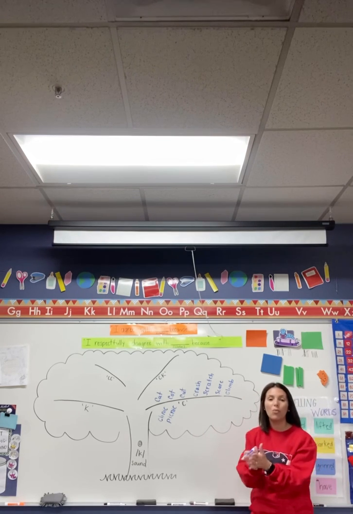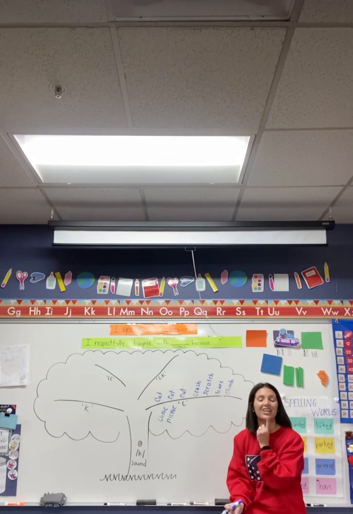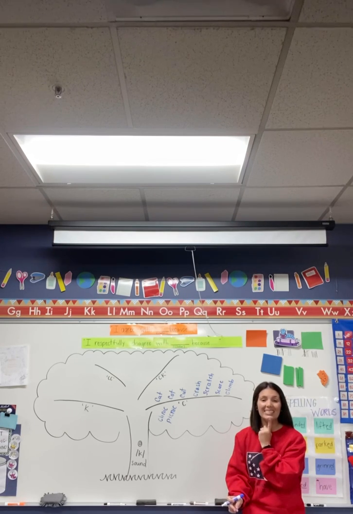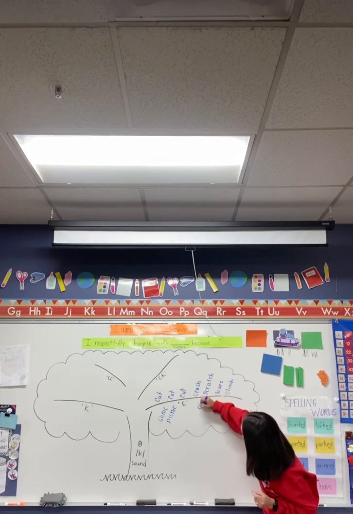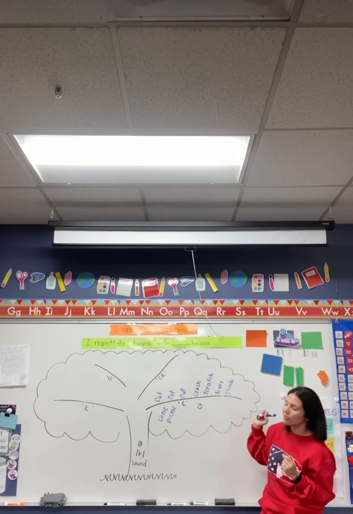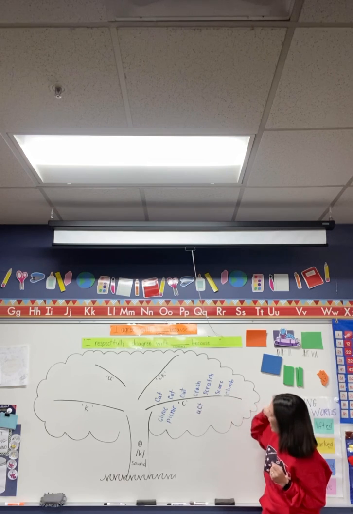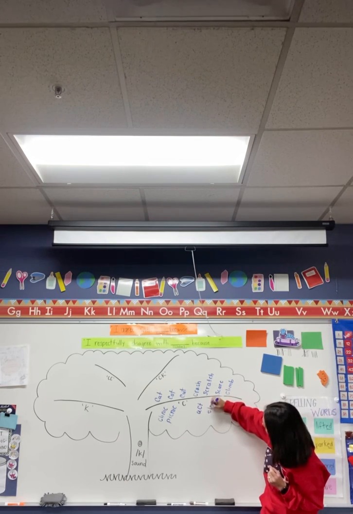Those are both more than 1 syllable and they have the k sound at the end, which means we use the C. And then lastly, when there's a consonant cluster of CT at the end of a word, for example, act or elect.